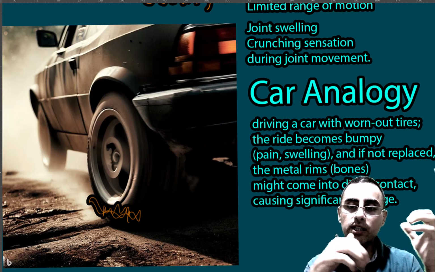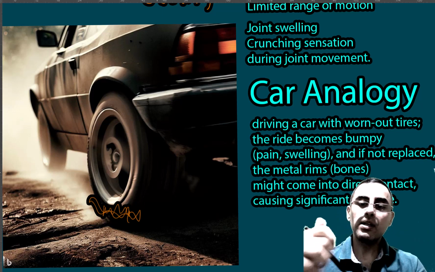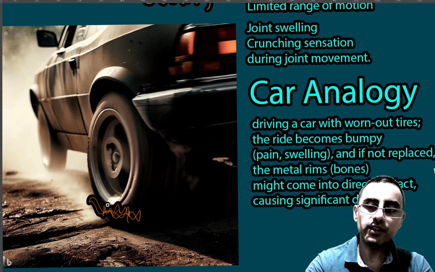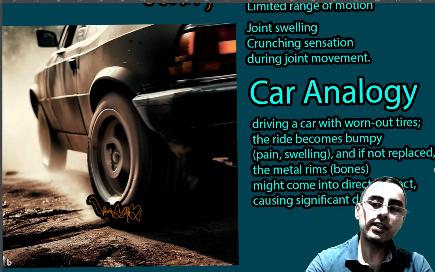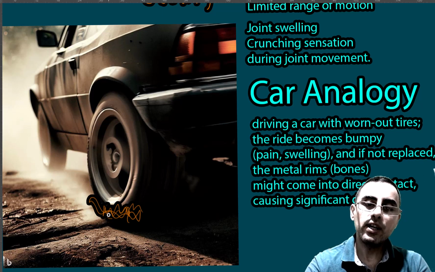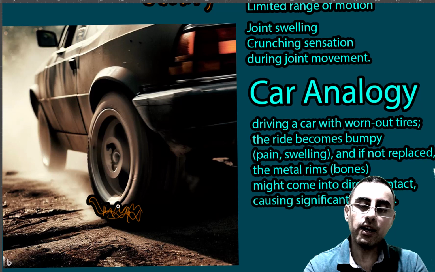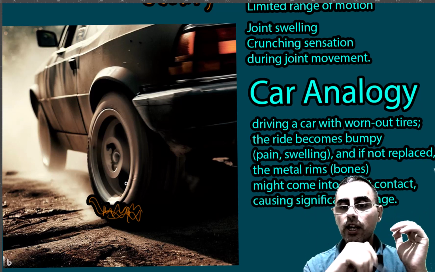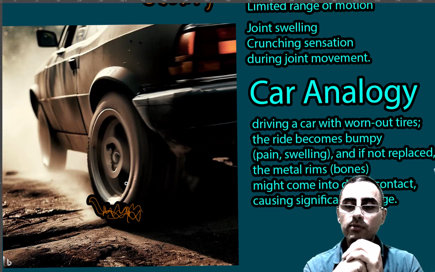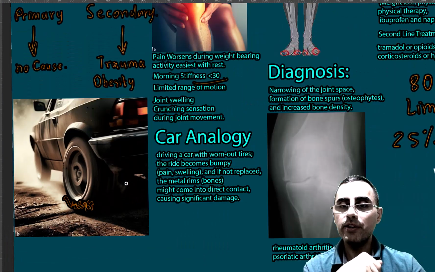So it means when bones directly touch each other and no cushioning materials anymore, and there is direct contact, it's analogy of a car without tires. And when car is driving on its metal rims directly on the ground, of course it's not comfortable, it causes damaging of car, and it causes pain in this case of person.